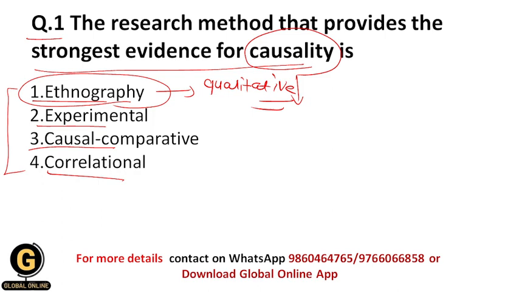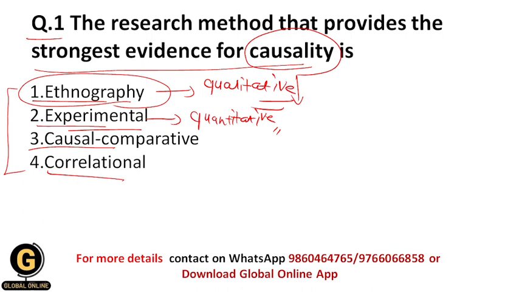Okay, the experimental research method is a quantitative research method, and within it a researcher manipulates the independent variable and sees its effects on the dependent variable.